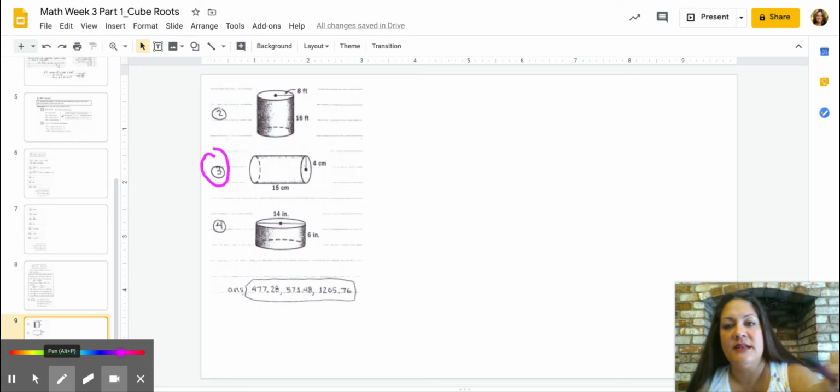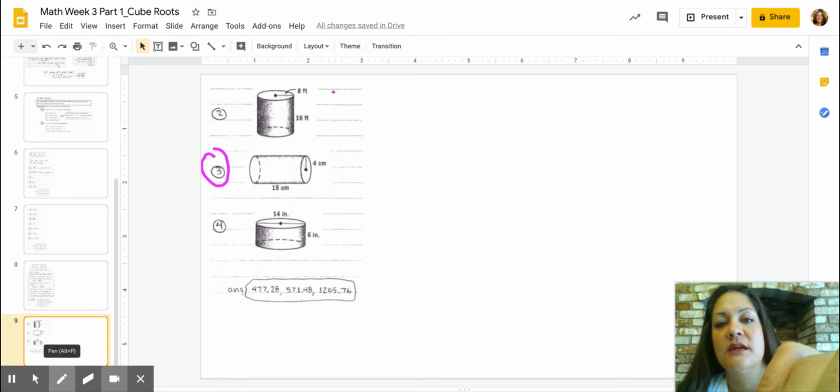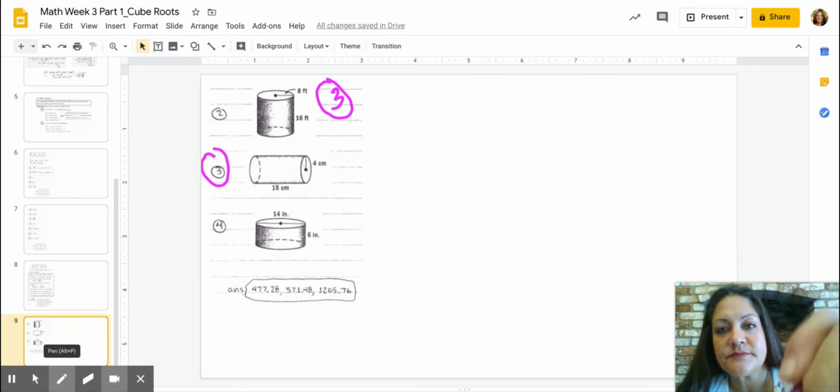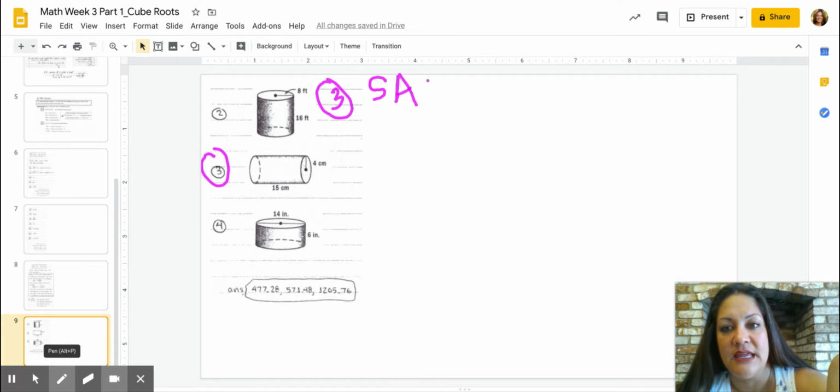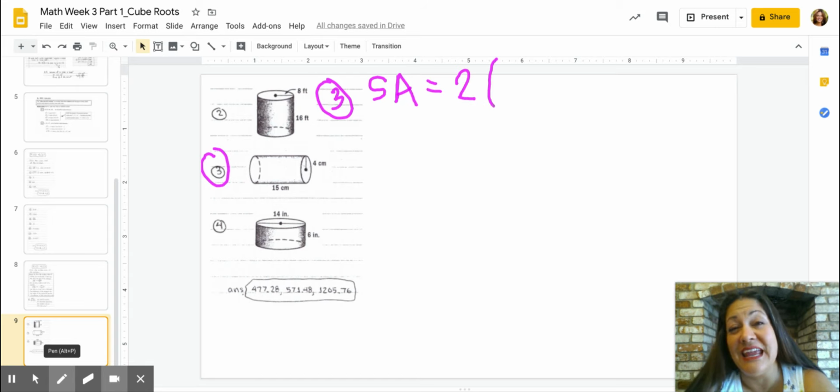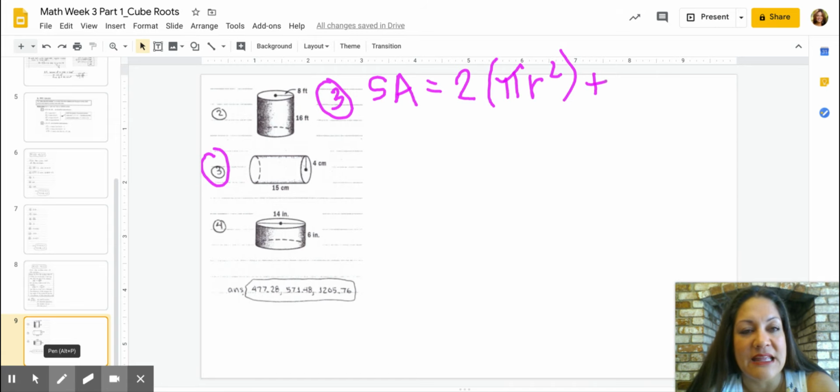Okay, number 3. Here is our formula. The surface area equals 2, and we need the area of the 2 circles, so that is pi r squared, plus our height is 15.